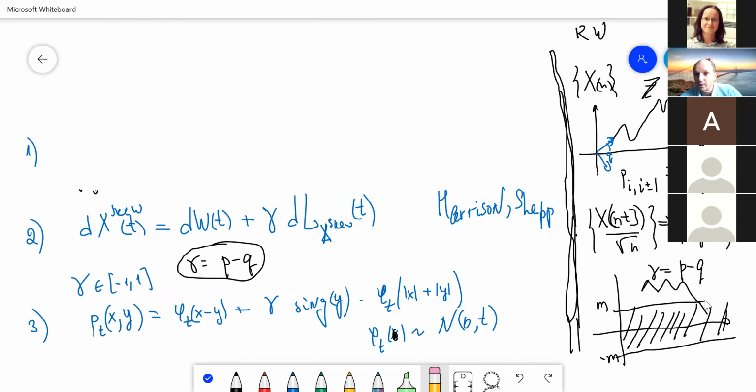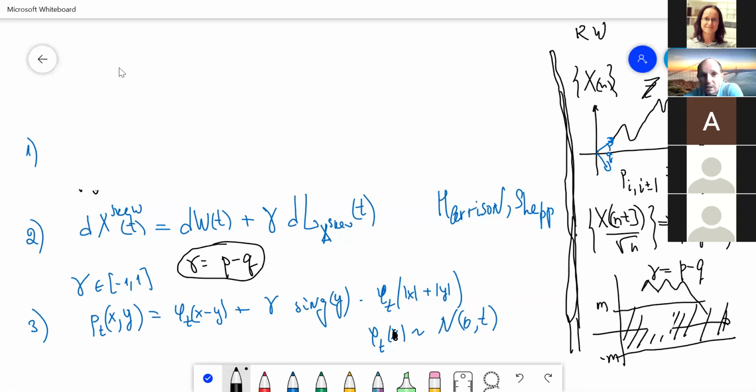You have some perturbation here and some regular behavior here. And the question is, what is the limit? Again, usually the limit is skew Brownian motion if jumps from this irregular set have a finite expectation.